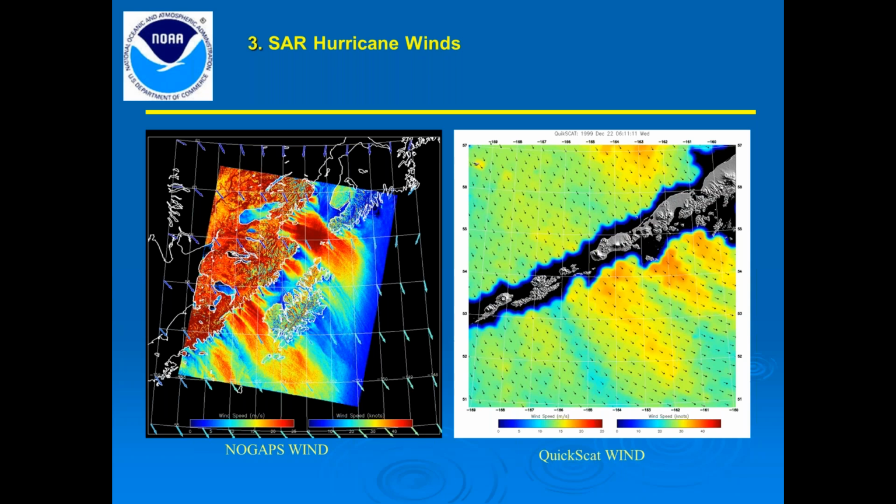For the scatterometer, because the footprint is big, you miss a lot of data along the coastlines where you need the data the most. So those are the SAR winds that have been continuously produced at NOAA NESDIS STAR and are used by the forecasters up in Alaska on a daily basis. Questions?